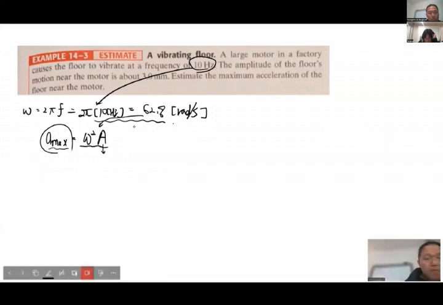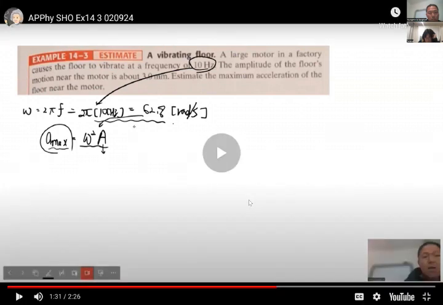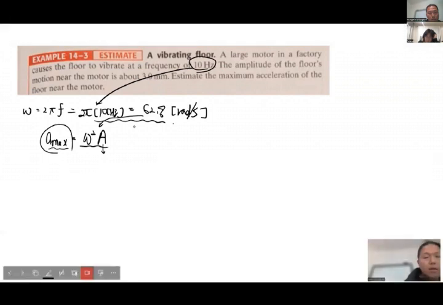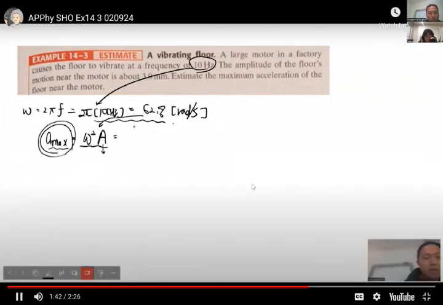If you square that omega and multiply by the maximum magnitude of displacement, that is the maximum acceleration. So, do you want to try to solve this one by plugging the numbers into this formula? Can you do it? Okay.